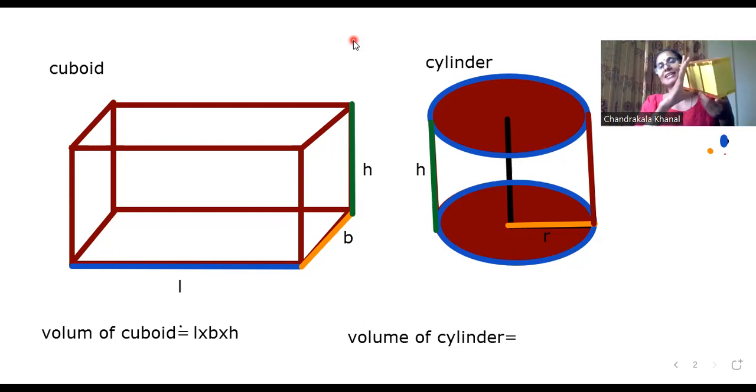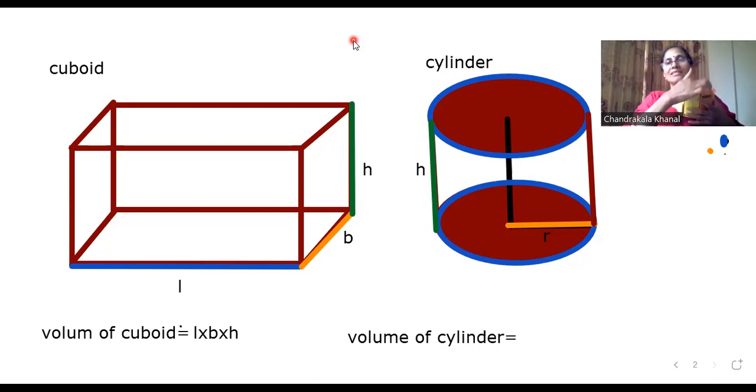Okay, let's change this again. See carefully. This part is the length of cuboid. When this changes to the form of cylinder, what will happen? This length becomes half of the circumference.